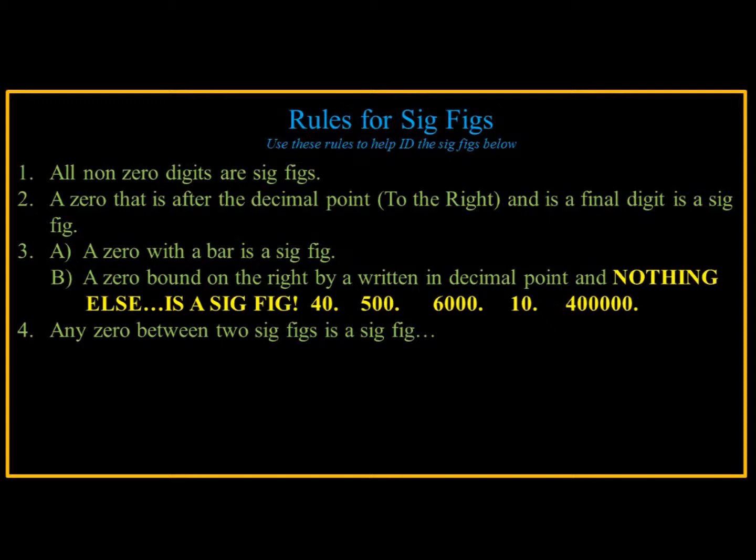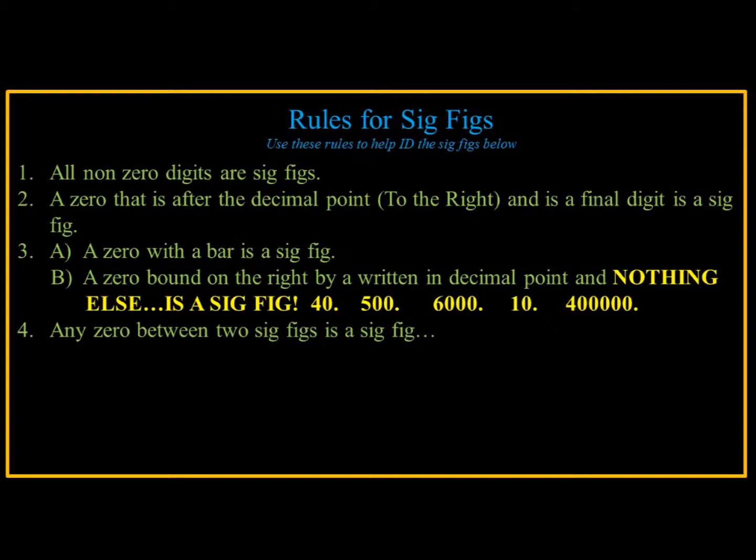Number 2, a 0 that is after the decimal point. If I have a number, 1,234 and 12 hundredths, so it's going to be 1234.12. The far 1 on the left is where you start.